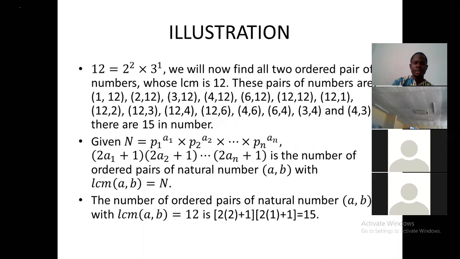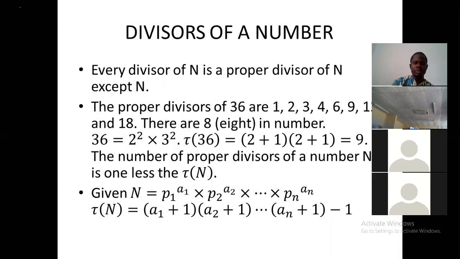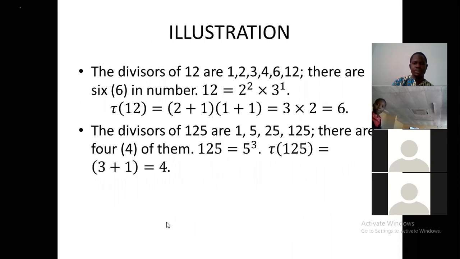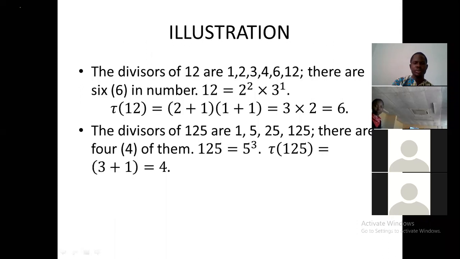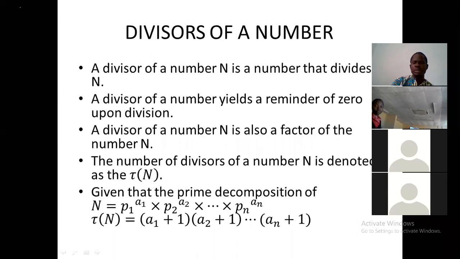Let me find it. Where is it? Okay, I think this is it. I just passed it. So see it here, the last point. Now, given that n is equal to this, the tau of n, which is the same thing as the number of divisors of n, is simply, you see, each of the powers, we add 1 to it and we multiply. Are you seeing that?